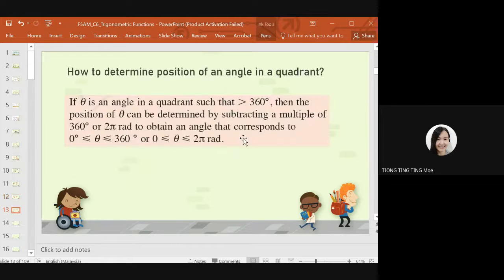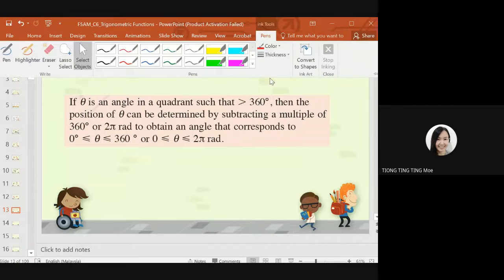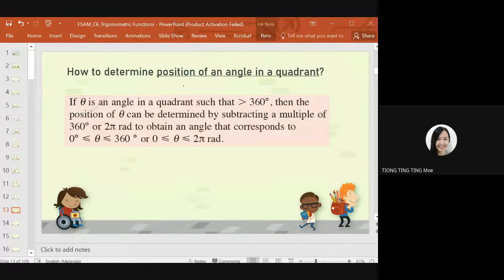Good, good girl. Everyone is clever. So now, how to determine the position of an angle in quadrant? The question will ask, for example, 1000, in which quadrant? Is it in quadrant 1, 2, 3 or 4?